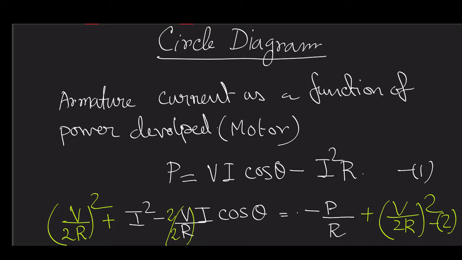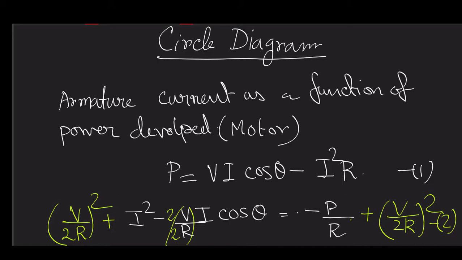Now you can see that here we have the constant quantity V square by R, and this side is becoming something like a vector addition.